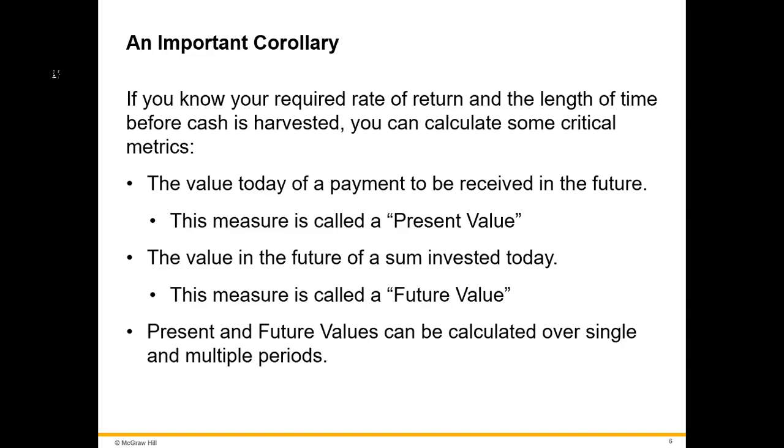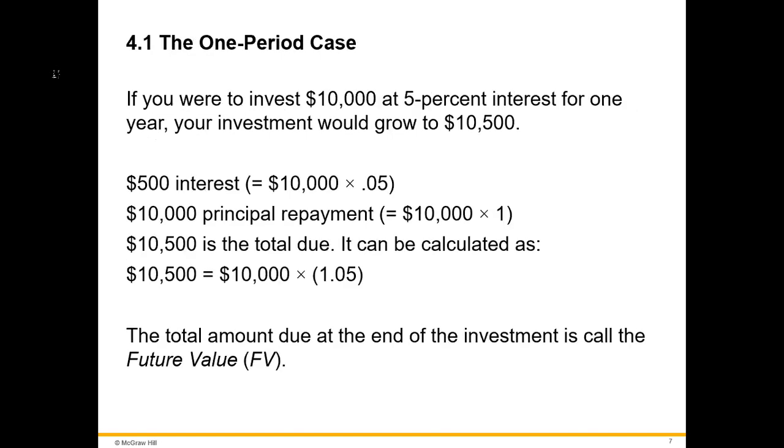Now, we can calculate both, but we need to be given certain variables in order to do that. So that's what our first part of our discussion is going to be on. So let's look at an example.